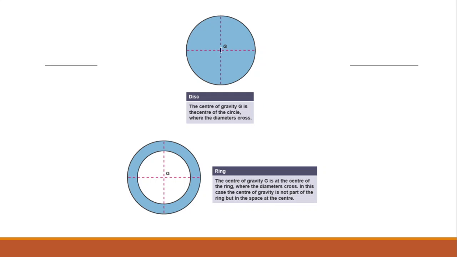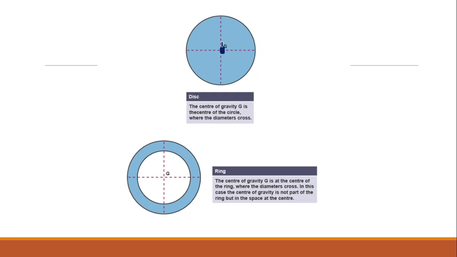So this is going to be the center of gravity or center of mass, which is written as point G. The center of gravity G is at the center of a ring where the diameters cross.